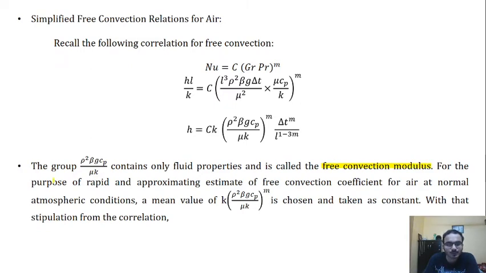For the purpose of rapid and approximate estimation of the free convection coefficient at normal atmospheric conditions, the mean value of this parameter is taken as constant. So based on that, we have simply replaced this value with C1 and this term remains as it is.